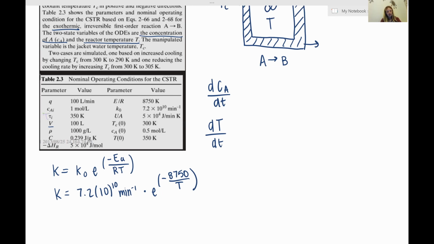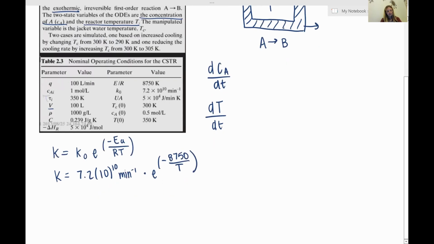So if we think about it logically, mathematically, if you have a really high temperature with relatively normal activation energy, you're going to have e to the 0 power, which is just 1. So the frequency of collisions, K naught, is going to be equal to the reaction rate.